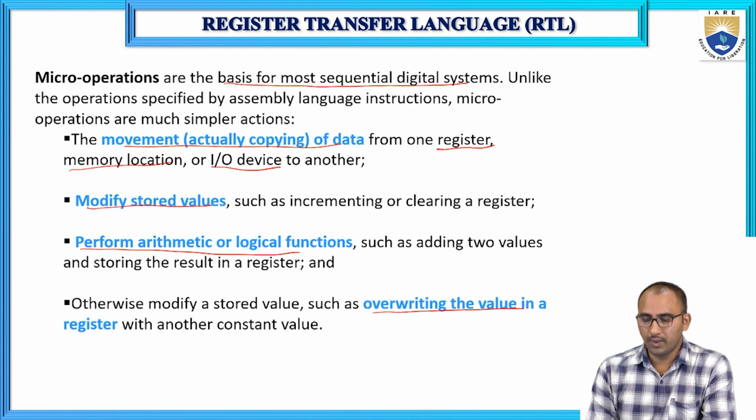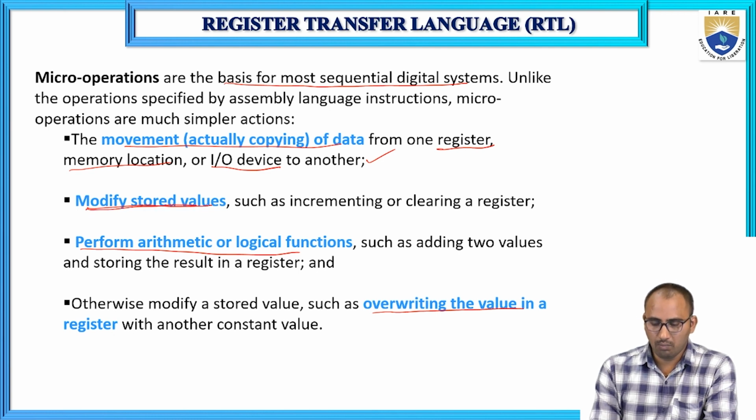In this way we can copy the data from one place to another place. So that is the first micro operation, movement of the data from one place to another place.